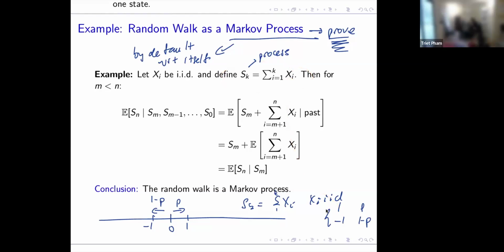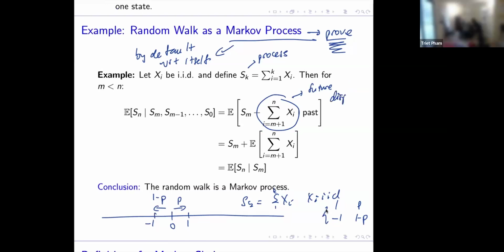The S here represents the position of the random walk at those times. If you condition on these, the technique is that you know what S is, and then you add the future movement. This is the future displacement, counting from time m.